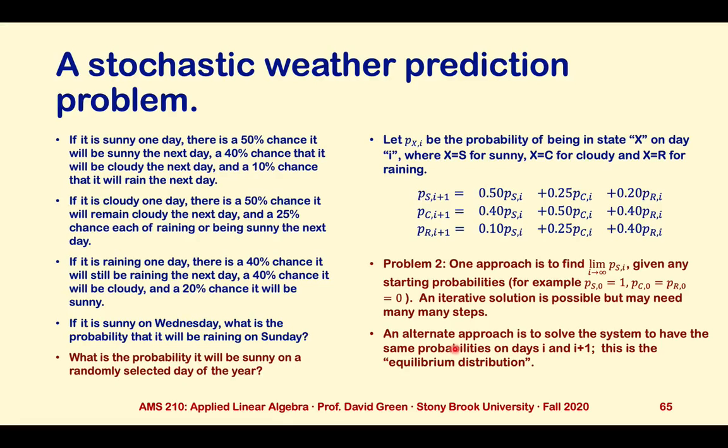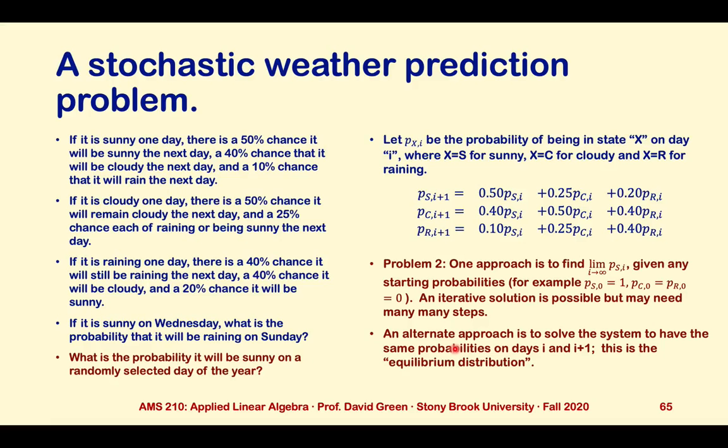Another way, we might say, what does it mean to really have the probability on a random day? Well, random days are exactly that. We don't know where they are. And the probability of being sunny on any randomly selected day should be the same.